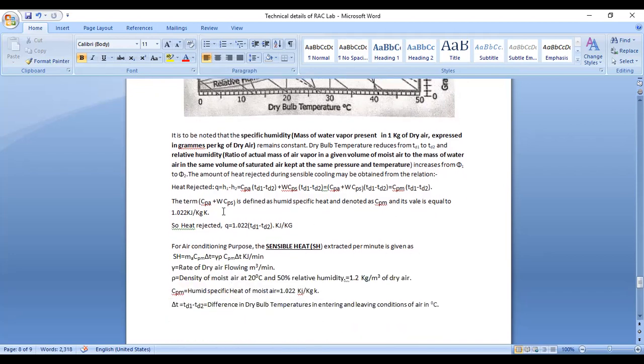So heat rejected Q = 1.022 multiplied by (TD1 minus TD2), the temperature of incoming air minus the temperature of outgoing air.